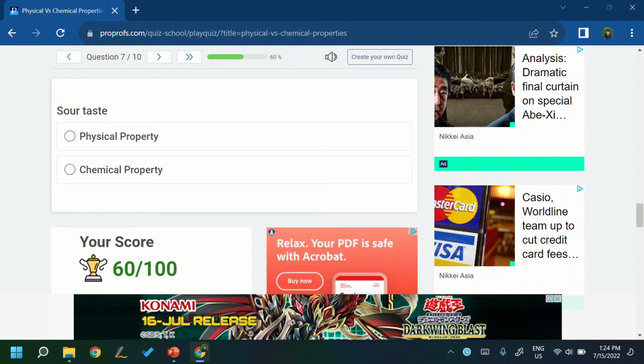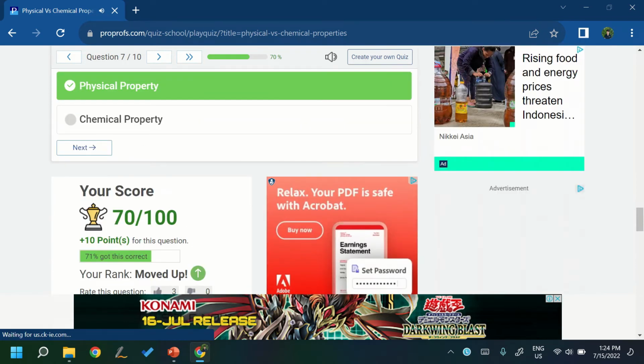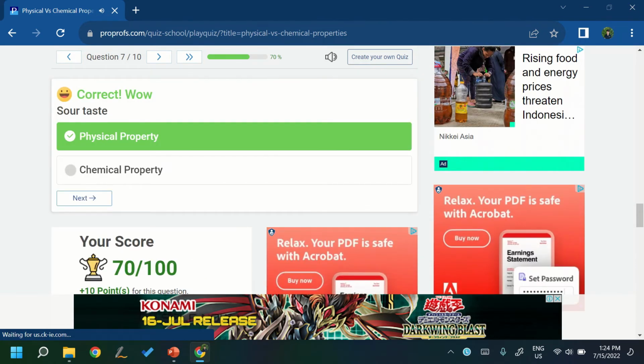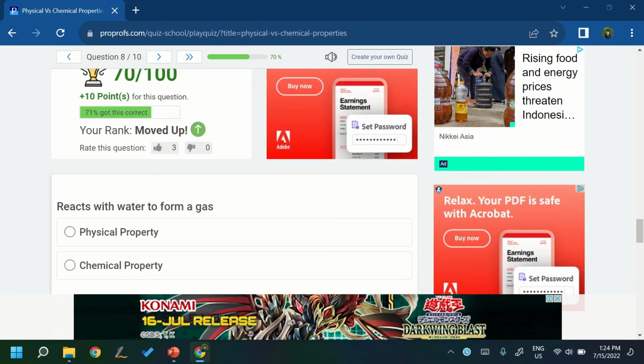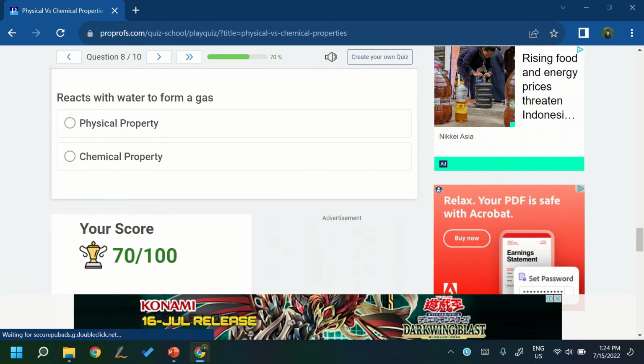So does it require chemical change? Hindi. It only involves the senses. So this is physical property. And aside from that, sour taste or the taste of an object is independent kung gaano karami or kakonti. Kasi yung isang patak ng suka, same lang ang lasa sa isang kutsarang suka. So this is intrinsic.